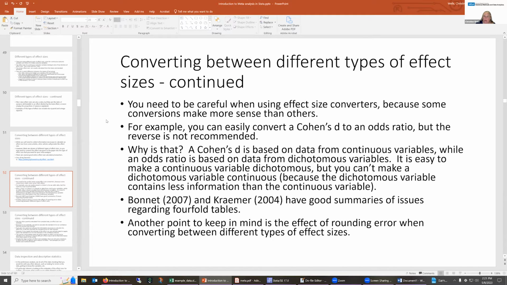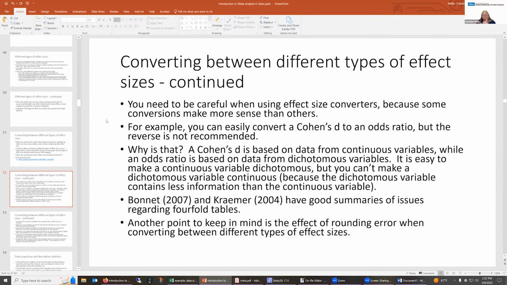The answer is you should probably take your Cohen's d into an odds ratio, but not the other way around. Why would that be true? Because you can imagine taking a continuous variable and making it binary. So binary, you'd get an odds ratio, right? But what if you had a binary variable and in some way were able to make it continuous?